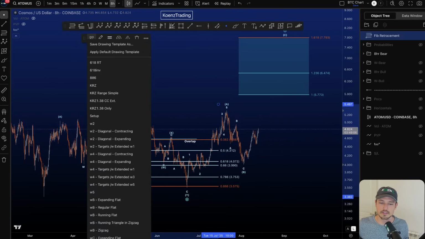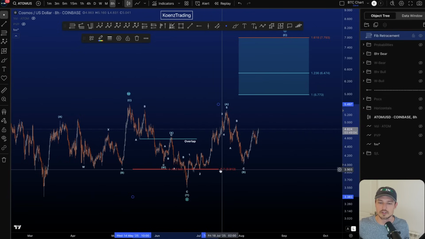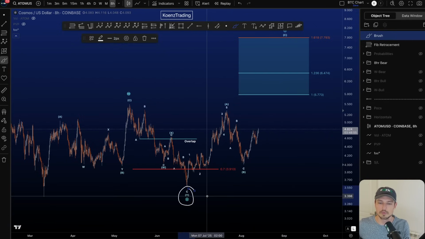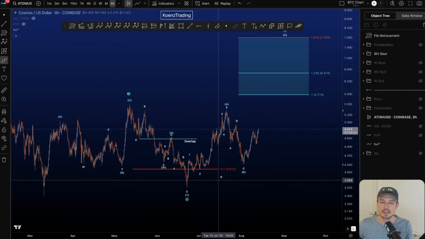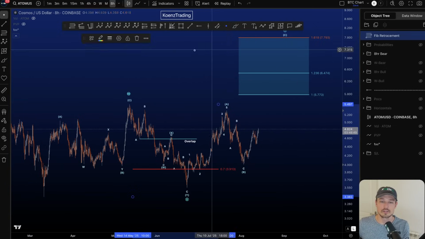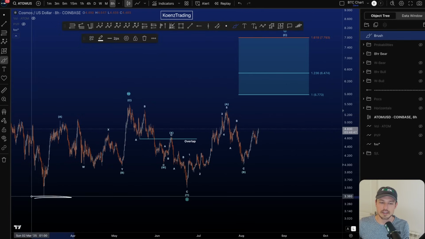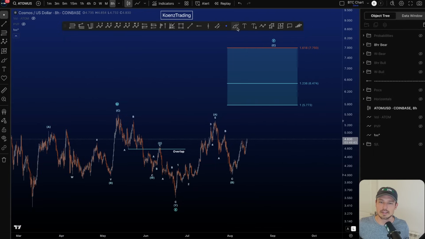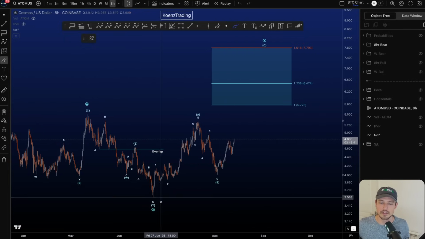Preferably in a double zigzag, wave X is not touching the 0.7, which it obviously did, right? And generally, the probabilities are therefore reduced for this scenario, as preferably in a double zigzag, wave X is not touching the 0.7, but it did. It is not an invalidation. Right? The invalidation for a double zigzag is taking out this low, which it didn't. So therefore, we can at least still consider it and talk about it.